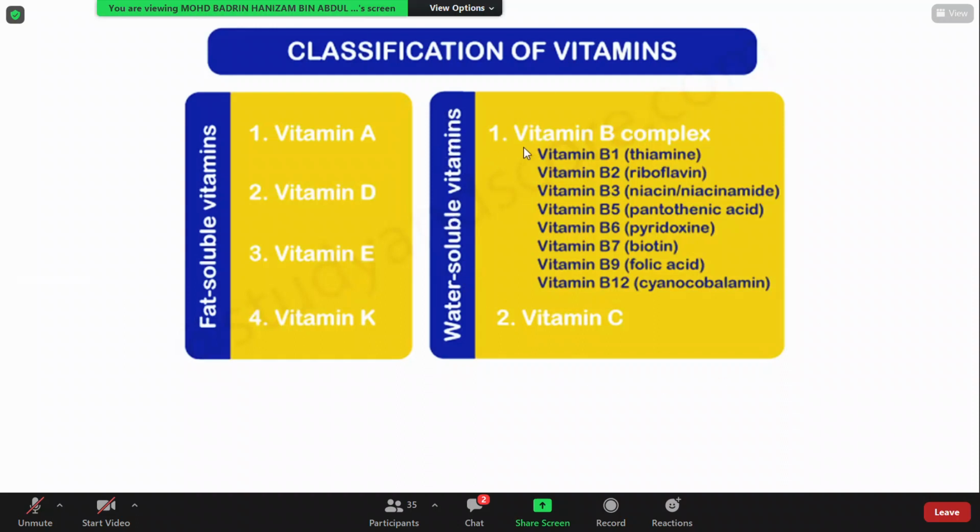While the second group is water soluble vitamins, containing vitamin B complex from vitamin B1 to vitamin B12, as well as vitamin C. So we're going to look in detail at the main difference. Generally, vitamin B complex and vitamin C are involved in cellular metabolism.